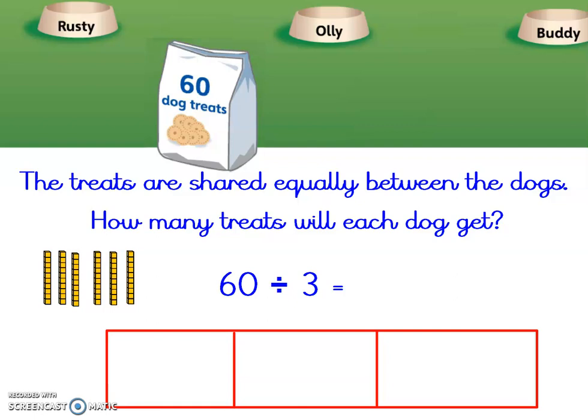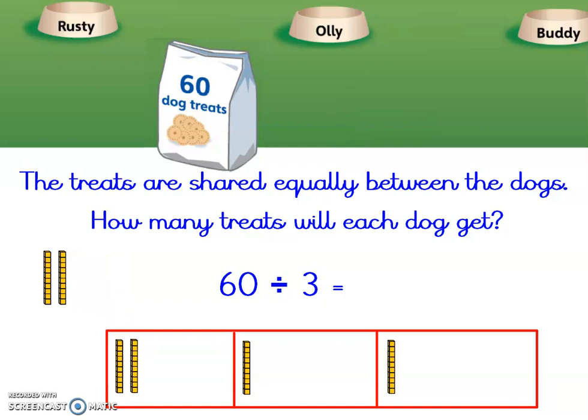And now I can share these 6 tens between the 3 dogs. So now we can see that 60 divided by 3 gives me the answer. So 6 tens divided by 3 gives me 2 tens. So 60 divided by 3 gives me 20.